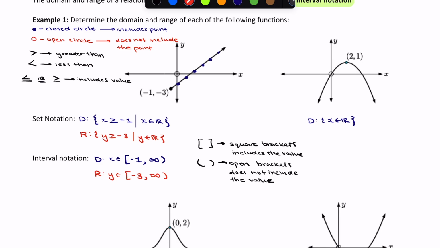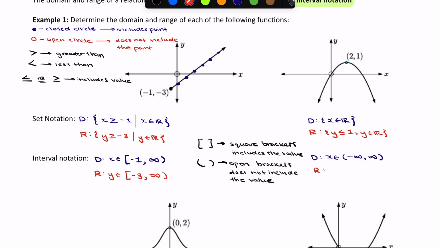For our range, y has to be less than or equal to 1, and y is an element of real numbers. If we write it in interval notation, the x values go from negative infinity to positive infinity.